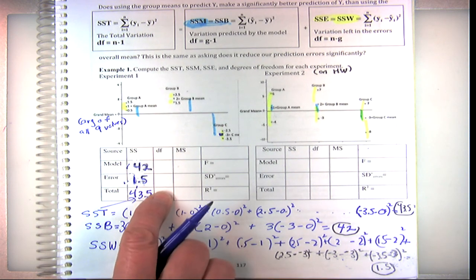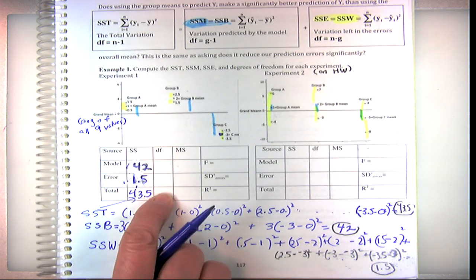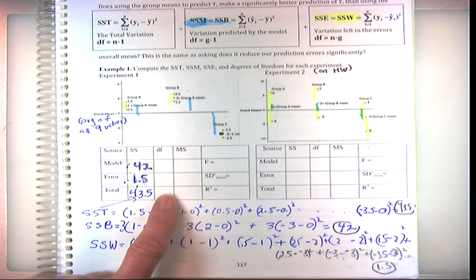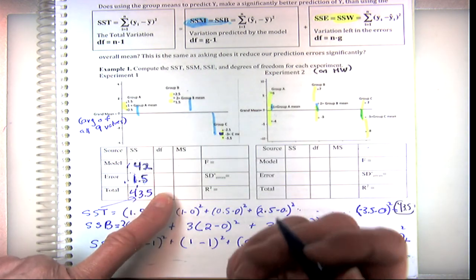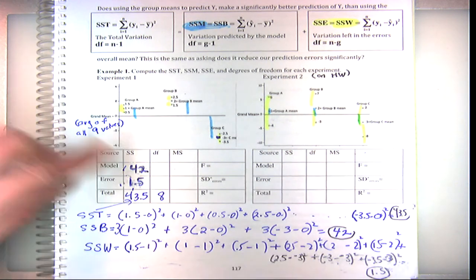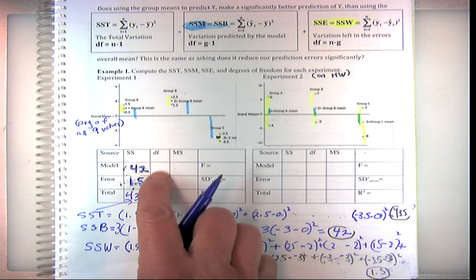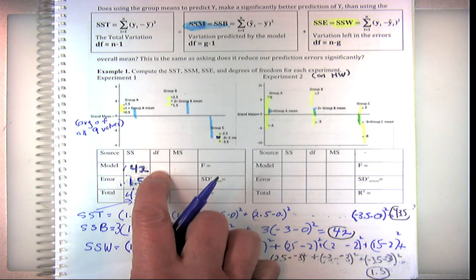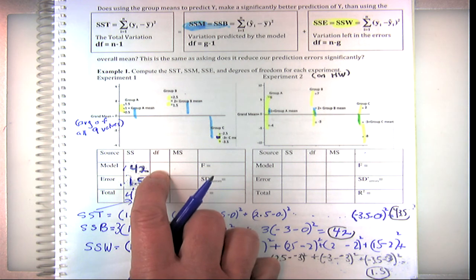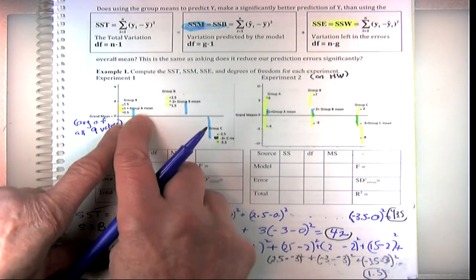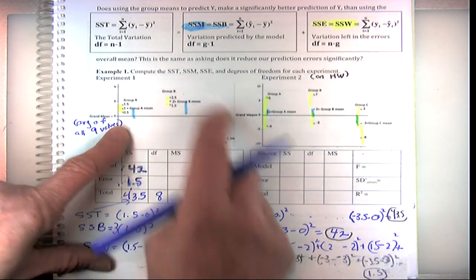Now, the degrees of freedom here are the usual, n minus 1, and n is the number of observations. We have 9. 9 minus 1 is 8, so that goes here. Then the degrees of freedom for the model is always the number of parameters minus 1. In this case, the parameters is the number of groups we have. We have 3 groups, group A, group B, and group C, in our model.